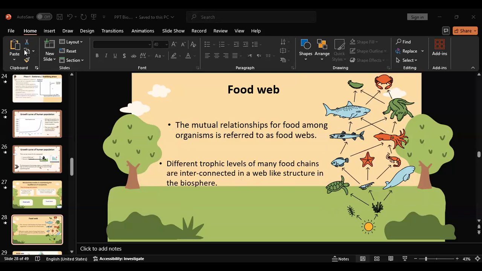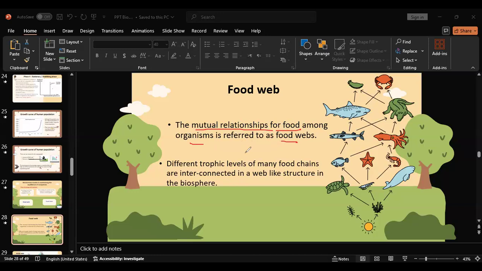So simply we can say interaction with each other in order to achieve their nutrition and energy. The definition will be like this: mutual relationship for the food among organisms is referred to as a food web.